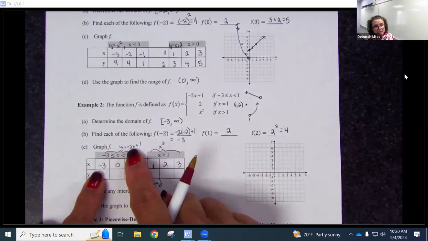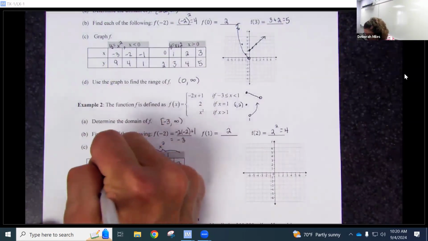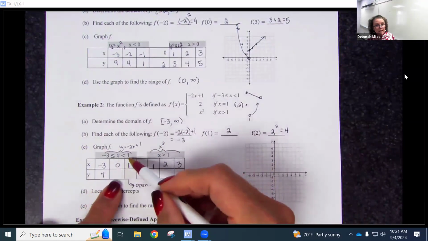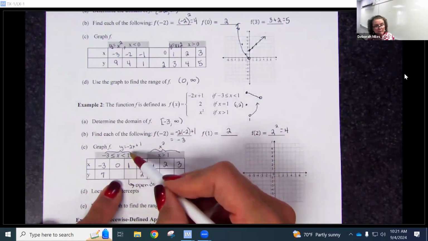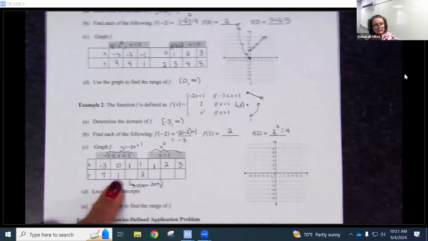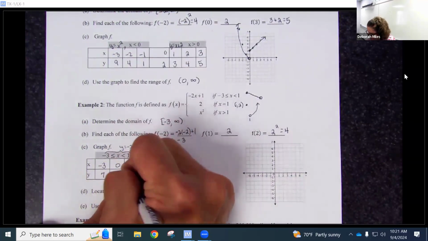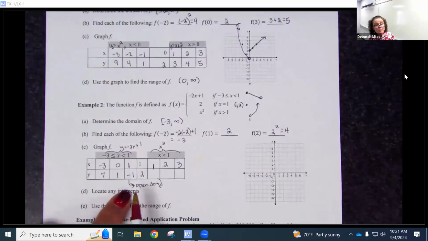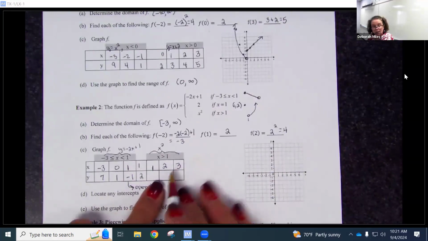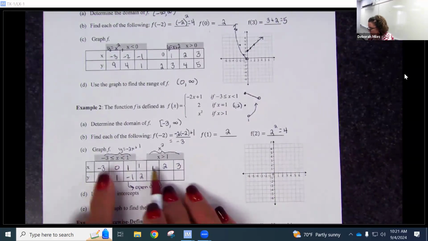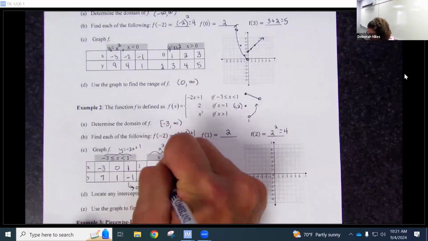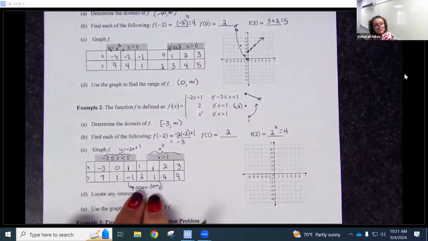Negative 2 times negative 3 is 6. 6 plus 1 is 7. Negative 2 times 0 is 0. 0 plus 1 is 1. And negative 2 times 1 is negative 2. Negative 2 plus 1 is negative 1. I'm going to have an open dot on the ordered pair 1, negative 1. And then for the third part of this function, I'm going to square these three x's. And I've made myself a note that 1, 1 is going to have an open dot on it.